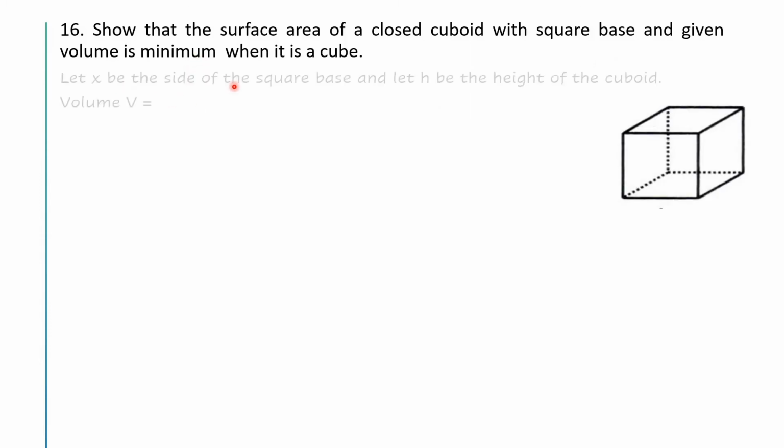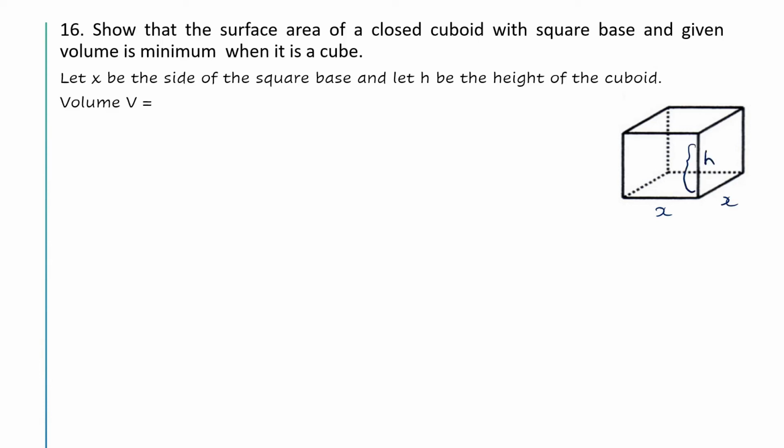So if we consider this as the cuboid, let x be the side of the square base and let h be the height of the cuboid. So this is the base, this is x, and the height is h.